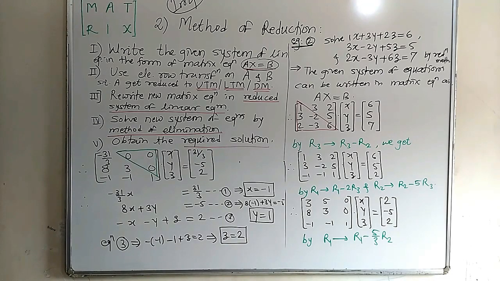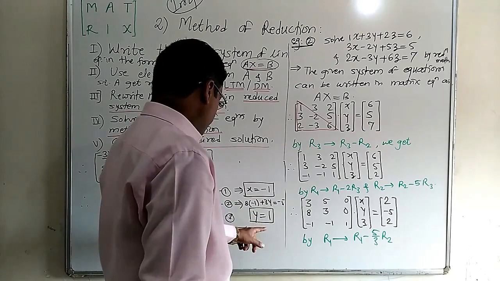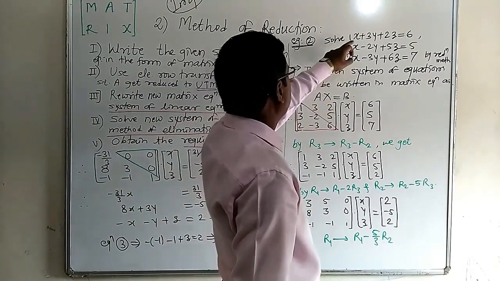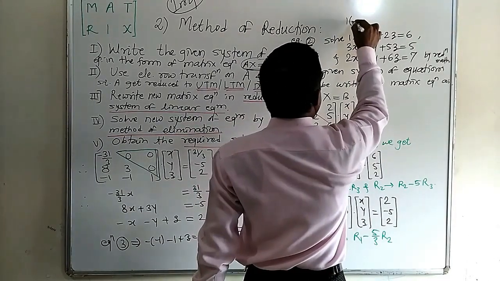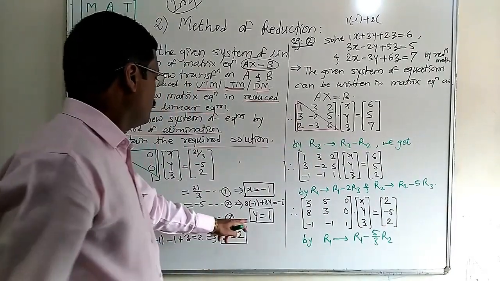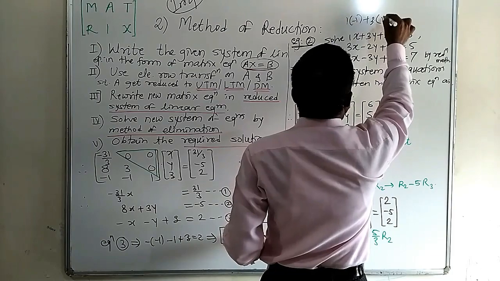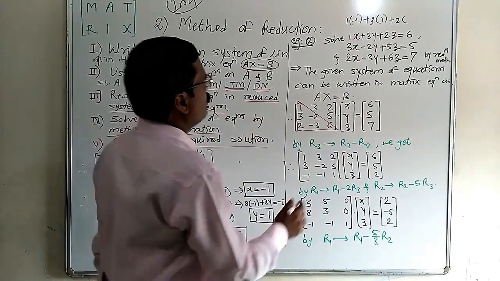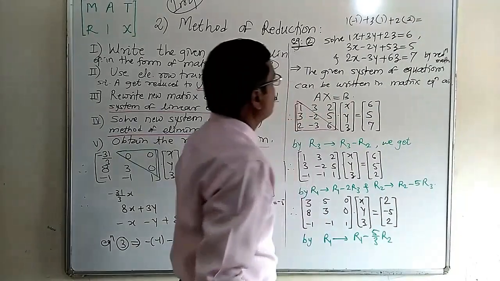Let us check whether these answers are correct or not. x is minus 1, y is plus 1, z is equal to 2. Put in the first equation: 1 into minus 1 plus 3 into y, which is 1, plus 2 into z, which is 2. Check whether the answer is 6 or not.